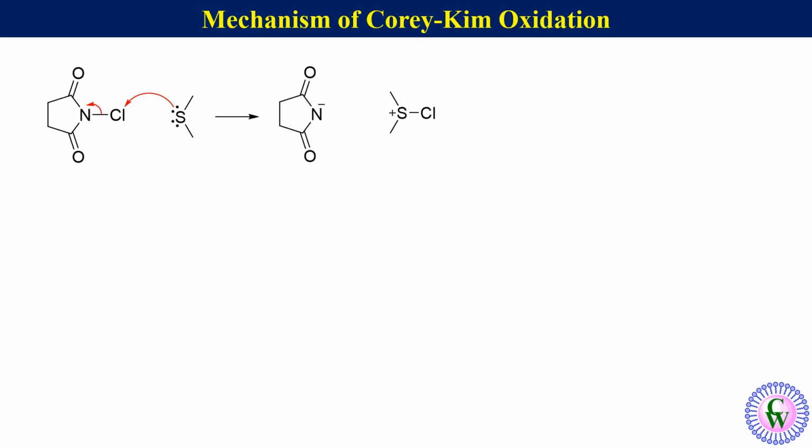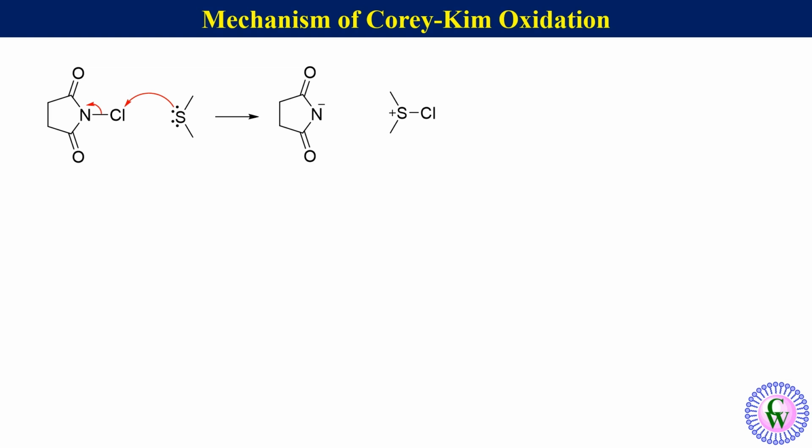Mechanism of Corey-Kim oxidation. N-chlorosuccinimide is a Cl plus donor and dimethyl sulfide is a nucleophile. Nucleophilic attack of dimethyl sulfide on chlorine of N-chlorosuccinimide produces succinimide anion and chlorodimethyl sulfonium ion.